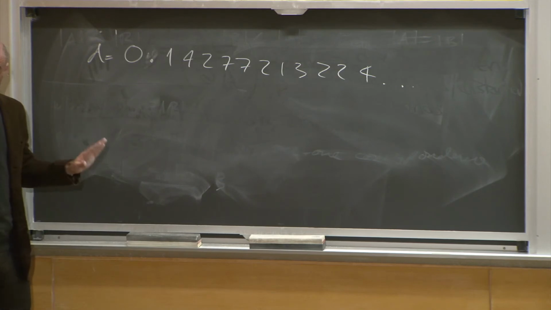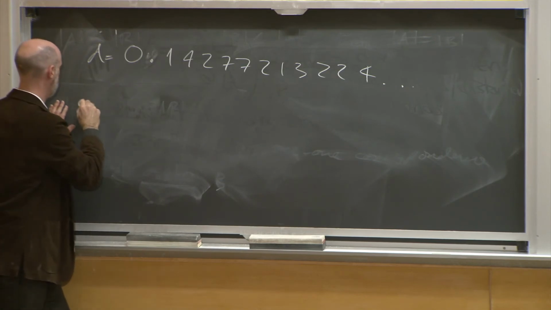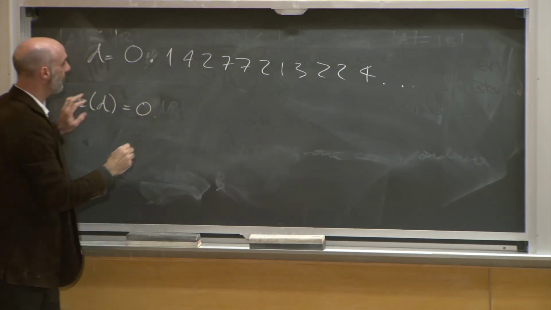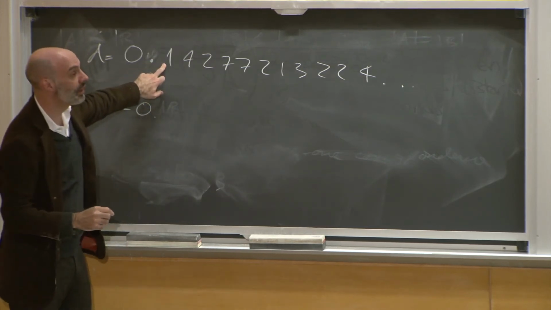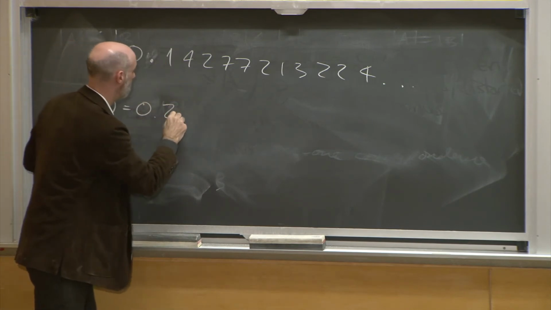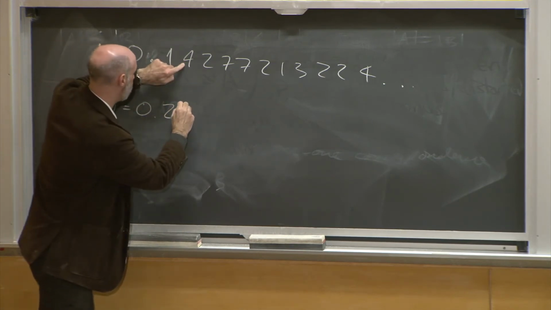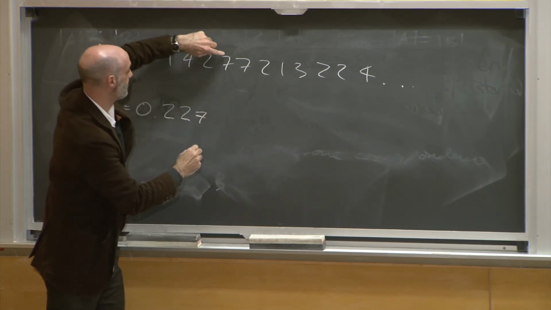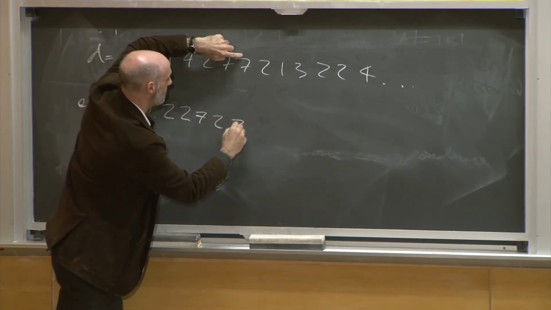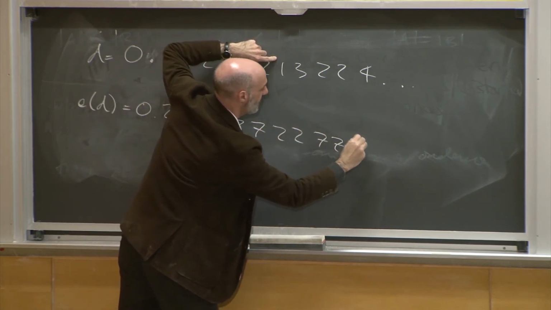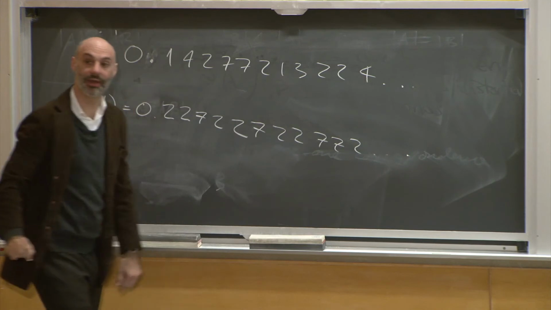Then D's evil twin is going to be 0 point, and then we found something which is not a 2, so we write a 2, and then something is not a 2, so we write a 2, and then we find a 2, so we write a 7. And then something is not a 2, so we write a 2, and then 7, 2, 2, 7, 7, 2, and we keep going.